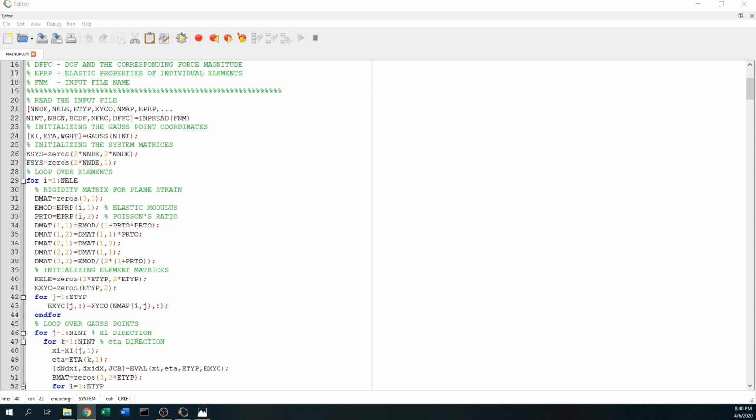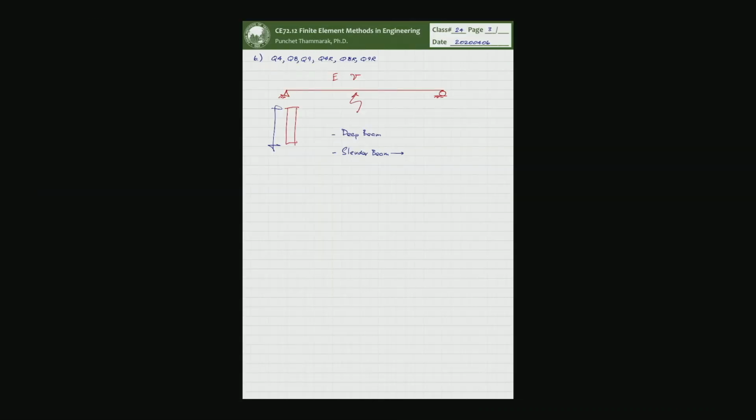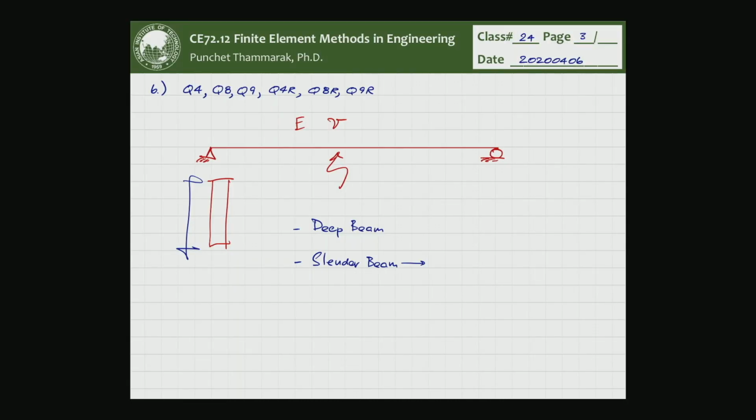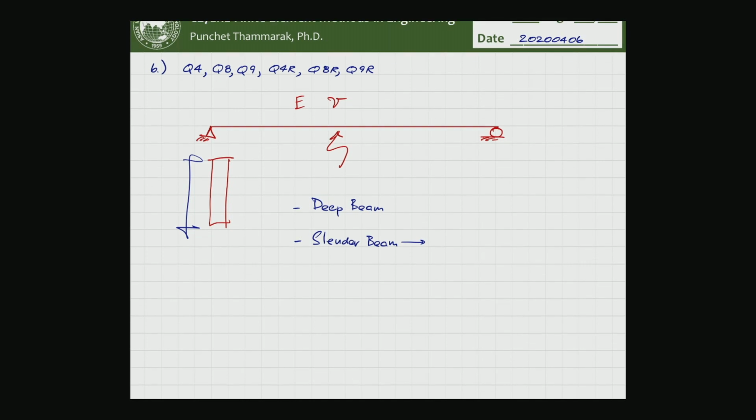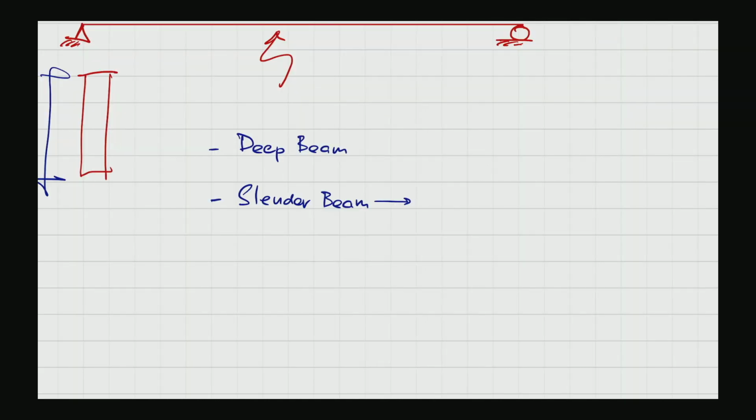Okay, that's the first thing. And how about the Timoshenko beam? Oh, sorry. Yeah, I forgot. Yeah, come back to this. Here. Sorry. So the slender beam is well predicted by Euler's beam theory.